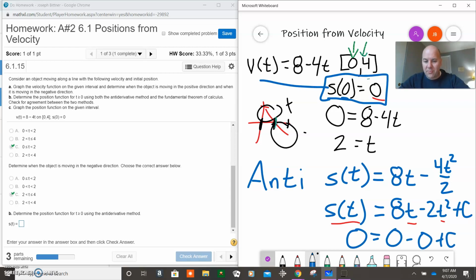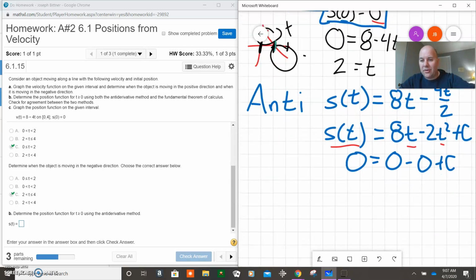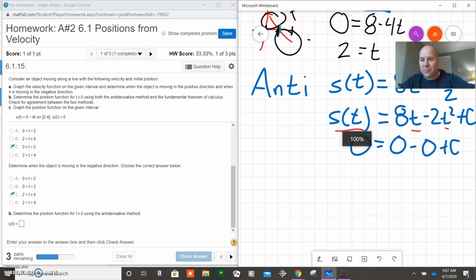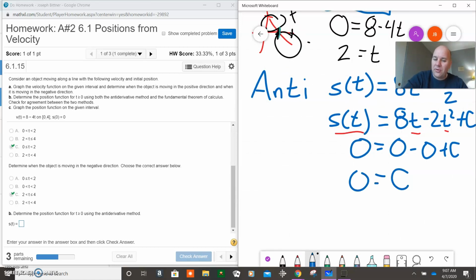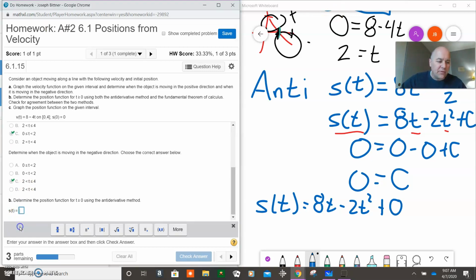And I'm hoping everybody knows what that's going to turn into just from basic arithmetic there. Let me go back to my pen. It's just going to be c equals 0. So my final equation here is just going to be s of t equals 8t minus 2t squared plus 0. I'm pretty sure you don't have to put the plus 0 in there.